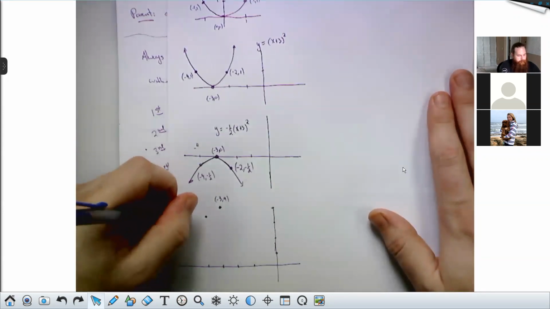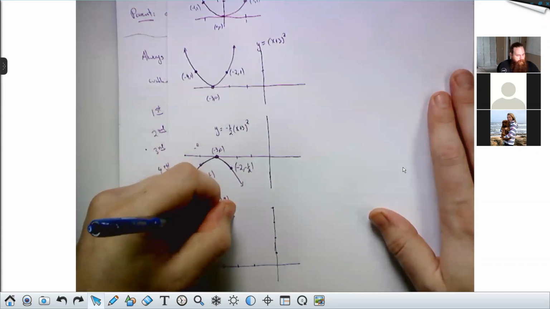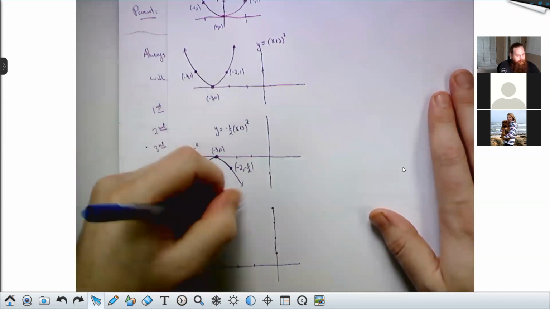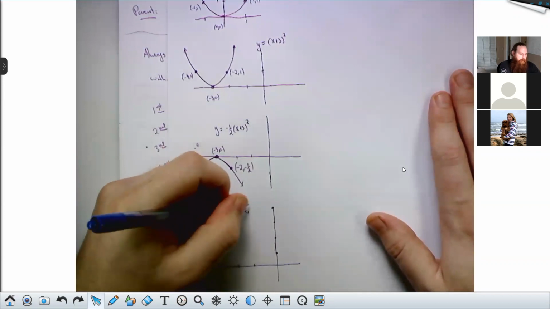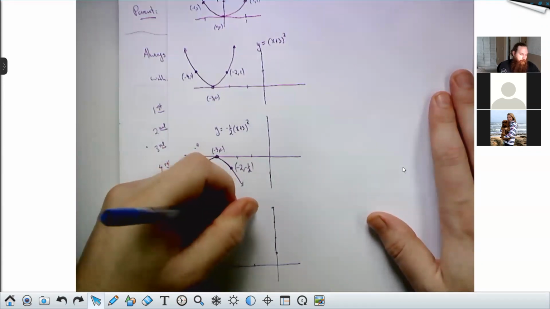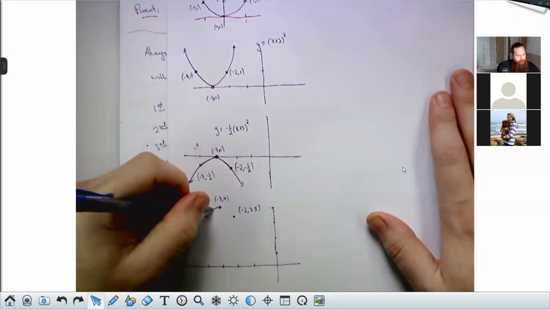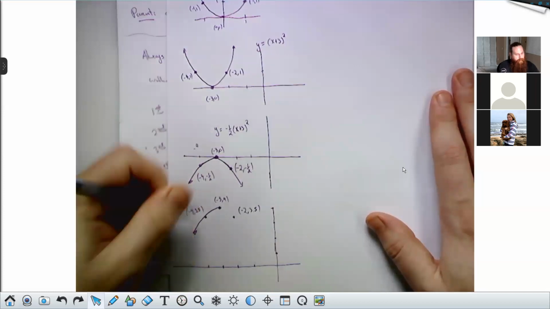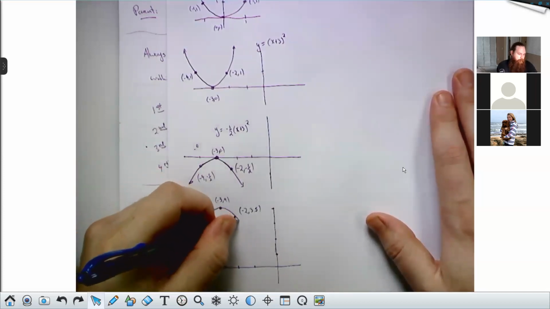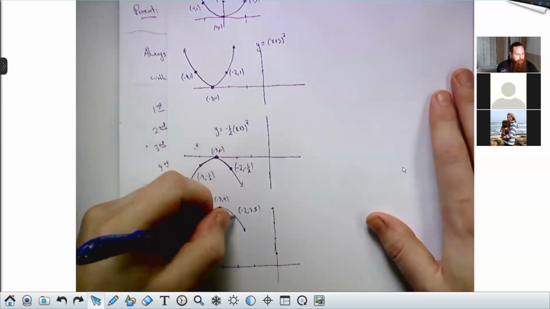So that would be -4, 3.5. And similarly, -2, -1/2 is going to be moved up to -2, 3.5. And otherwise, the shape stays the same.